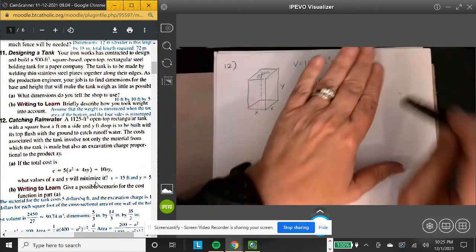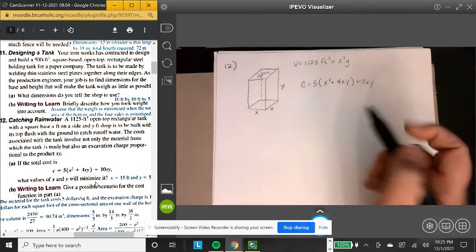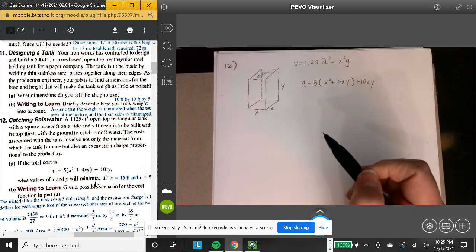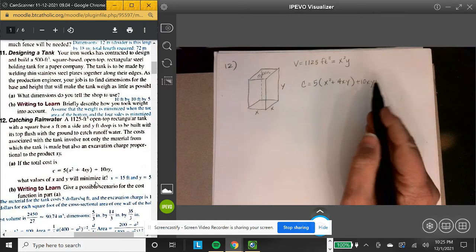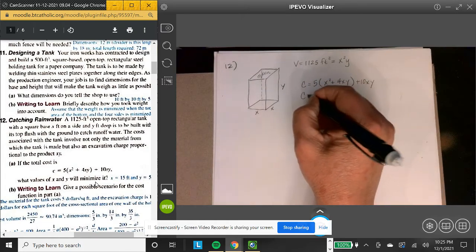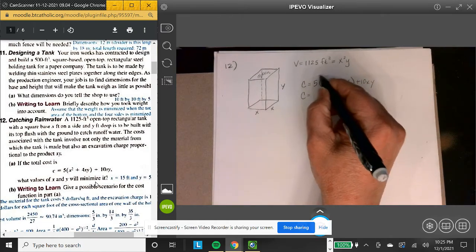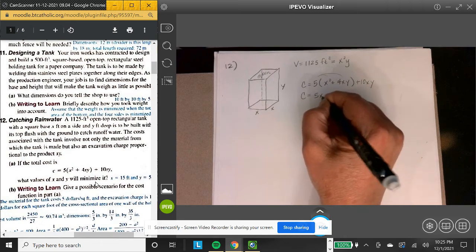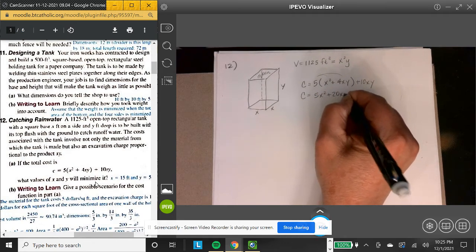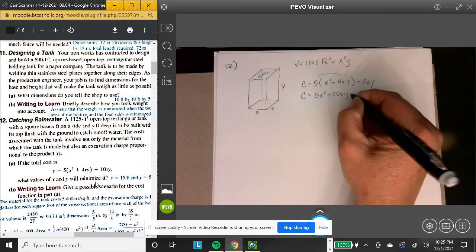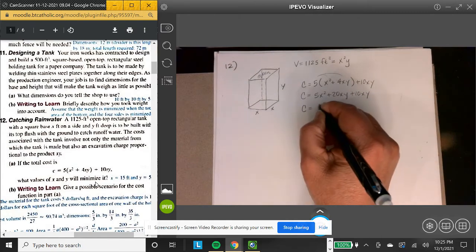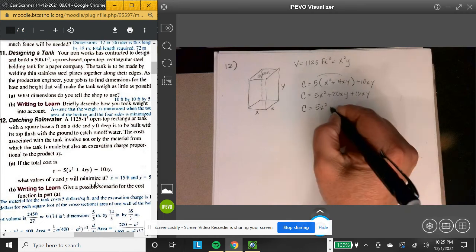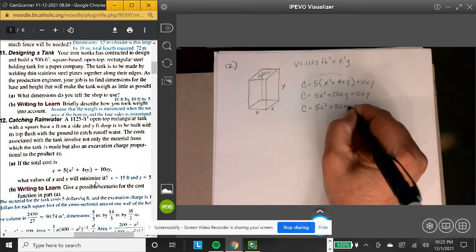Now what I notice about this equation is that I've got two xy terms here. So I might make my life easier if I were to simplify and add like terms. So I'm going to distribute this 5 in. And we get 5x squared plus 20xy plus 10xy, which means the cost equation is 5x squared plus 30xy.